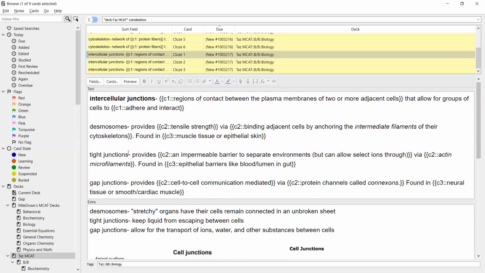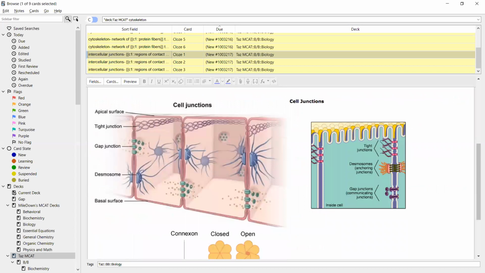Tight junctions provide an impermeable barrier to separate environments by actin microfilaments. And we see this in epithelial barriers like the blood versus the lumen in the gut. Anywhere where you would need a barrier between two different environments, you have tight junctions. You can see that tight junctions look like stitching, like the cell plasma membranes are being sewn together. And what that does is it prevents stuff from going through this cell layer.